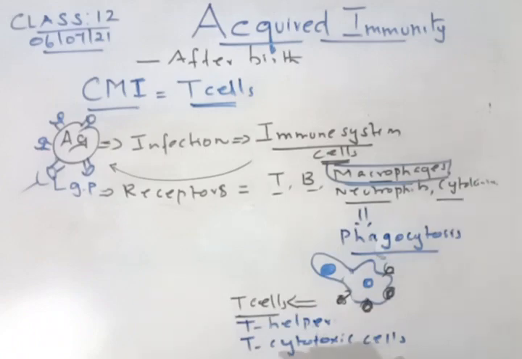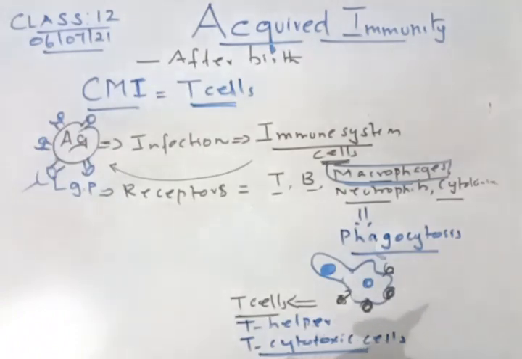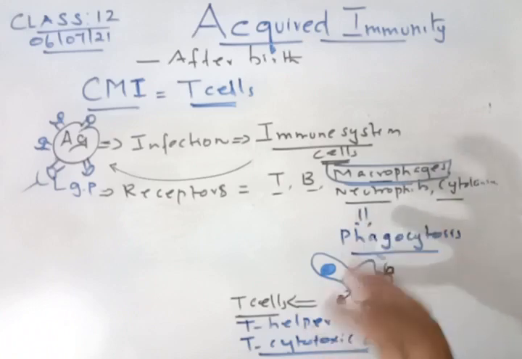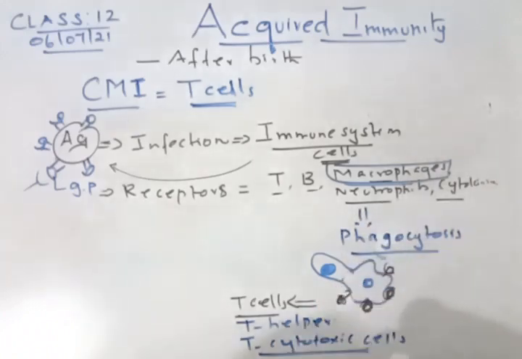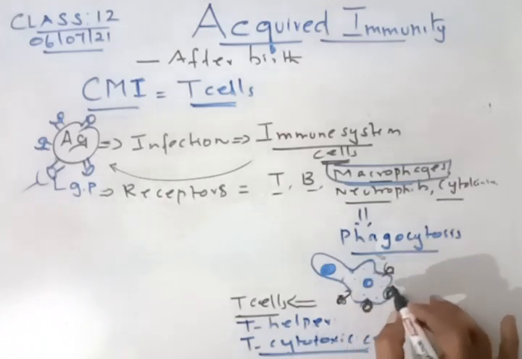Now I am talking about the T cytotoxic cell first, then we will see the T helper cells. When you talk about CMI, you should talk about the T cytotoxic lymphocyte. This cell is affected with virus, and the macrophage has engulfed this and presented it. Now the T cytotoxic cell will create some pores on the surface of the cell.